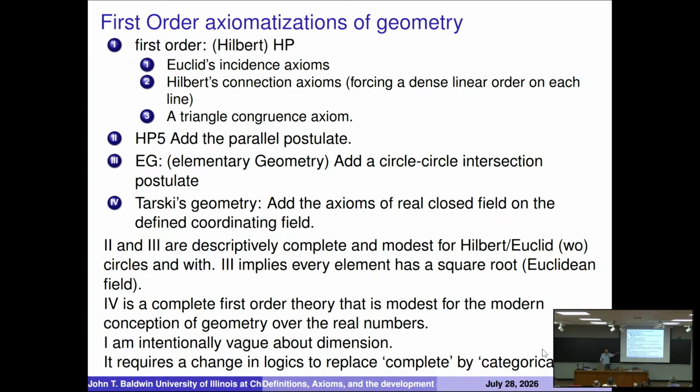And then if you want to get complete in the modern model-theoretic sense, meaning that what Louisa was saying, that every sentence is decidable or not, then you've got to tell us something about the field. Tarski did it with a real closed field, but with other fields, you can get such a situation too.